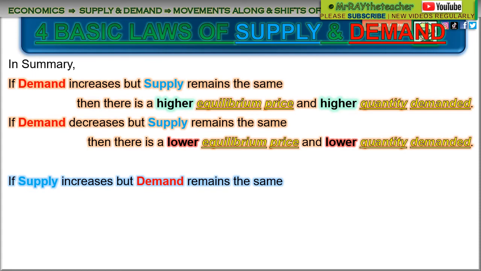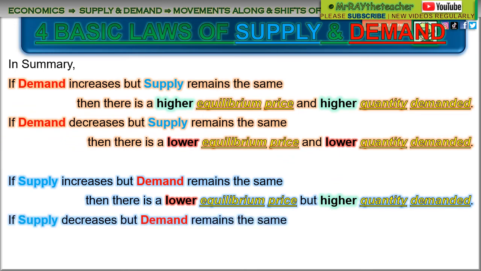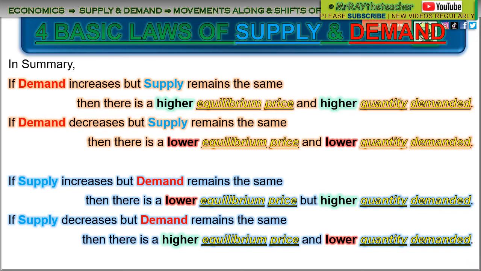Flipping that around, if the supply increases but demand remains the same, then there is a lower equilibrium price but higher quantity demanded. But if supply decreases but demand remains the same, then there's a higher equilibrium price and a lower quantity demanded.